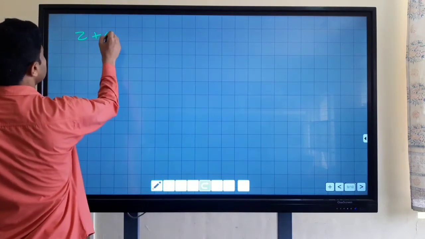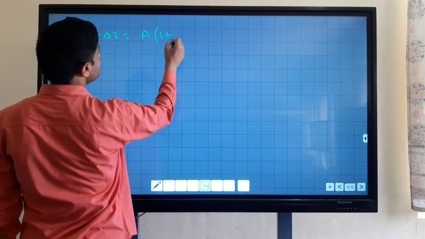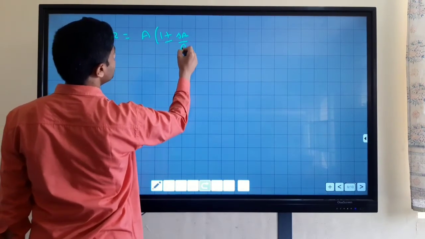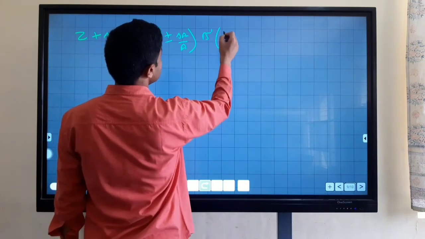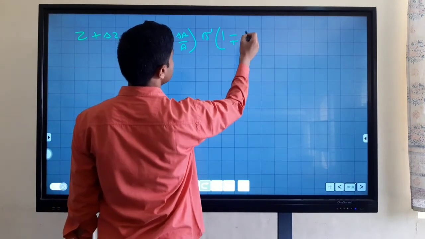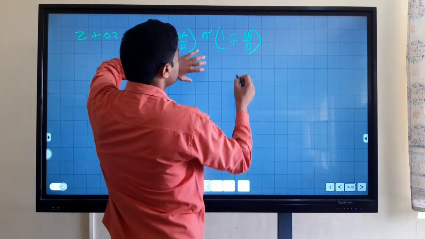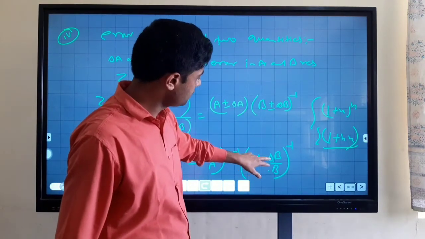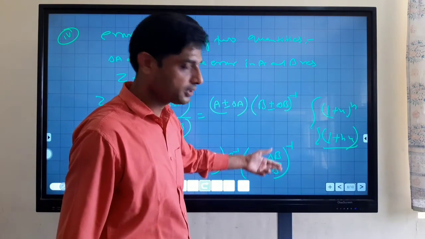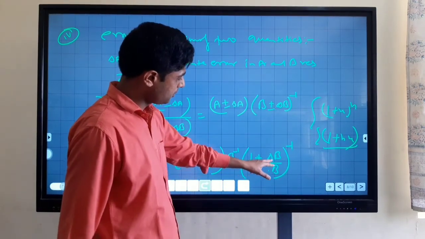Z plus del Z equals A 1 plus minus del A upon A, B inverse 1 minus plus del B upon B. This plus converts into minus and this minus converts into plus, because minus 1 comes in the power of del B upon B.